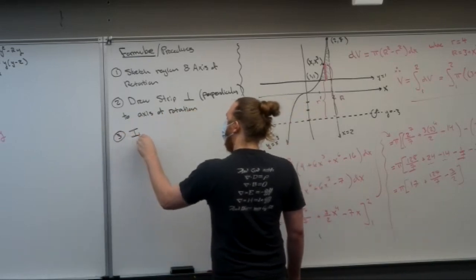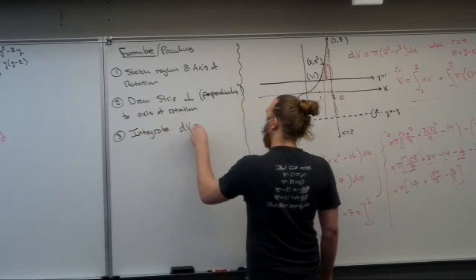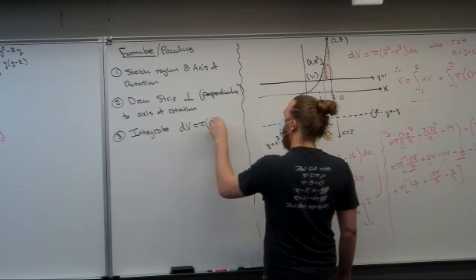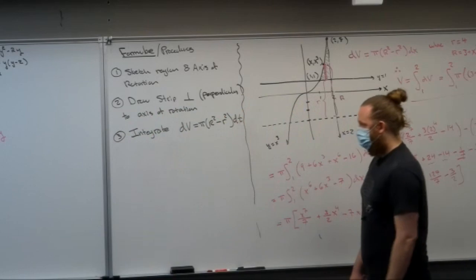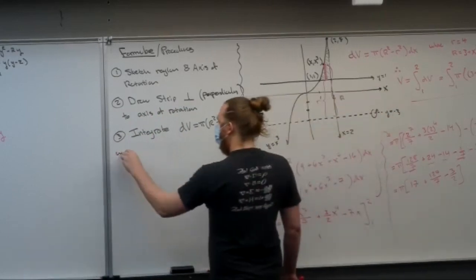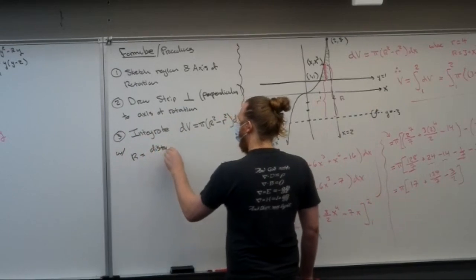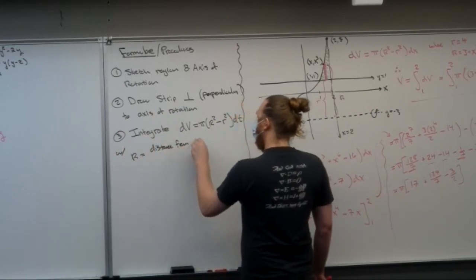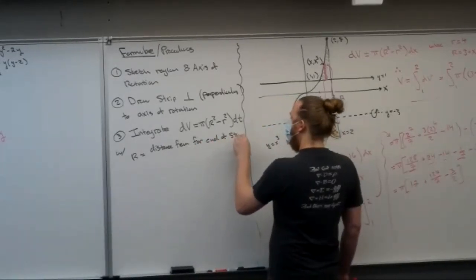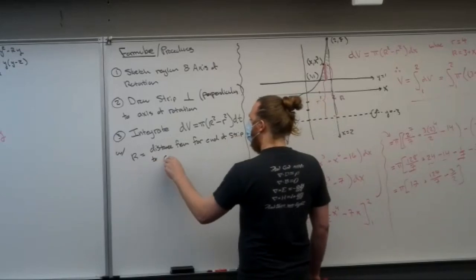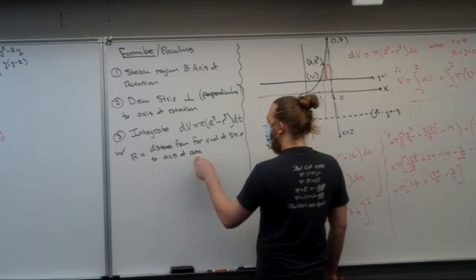And then you're going to integrate dV equals pi times big R squared minus little r squared, I'm going to write dt, where big R is the distance from the far end of the strip to the axis of rotation, which may not be a coordinate axis.